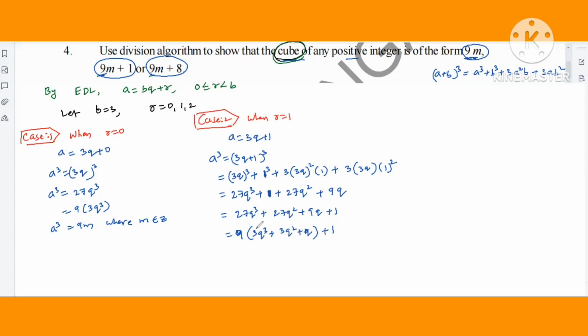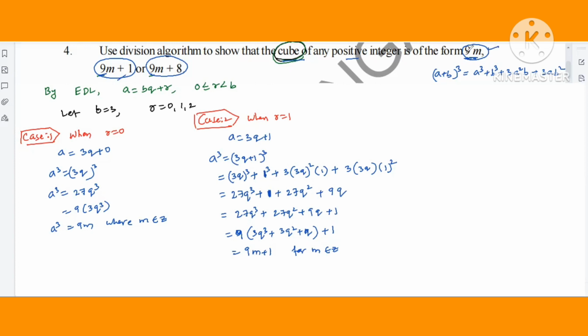So after writing the common factor, you have to check like this. If you made any mistake, you can correct it. So here we get 9m plus 1, where m belongs to Z. This is the second form we got.